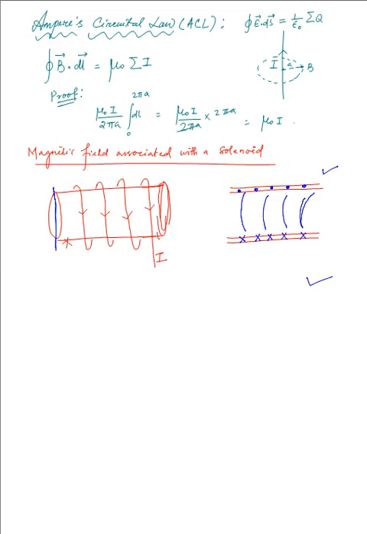If you can now see that there are dots over there, let me just erase those lines that I've just drawn. So there you have dots at the top and a corresponding cross at the bottom, which tells us that the dots mark the current coming out from those points in that given solenoid, and the corresponding cross tells us that the current element, the wire which is wound, is going into the plane.